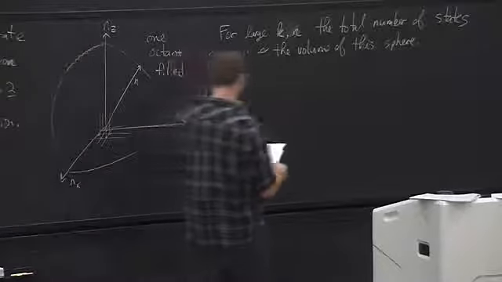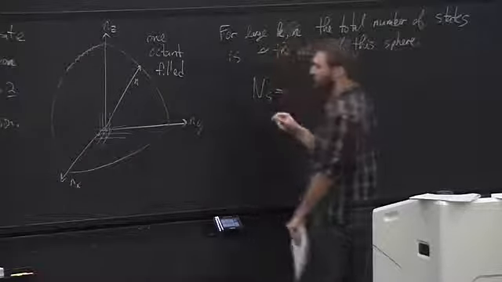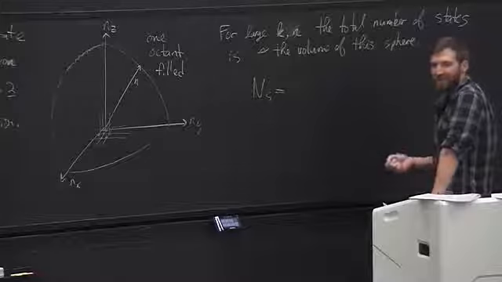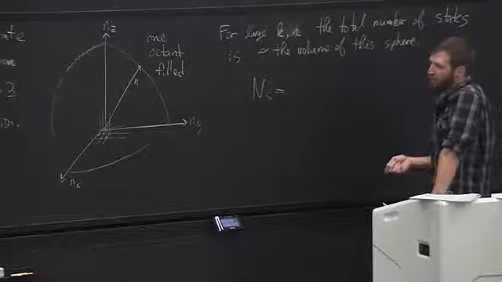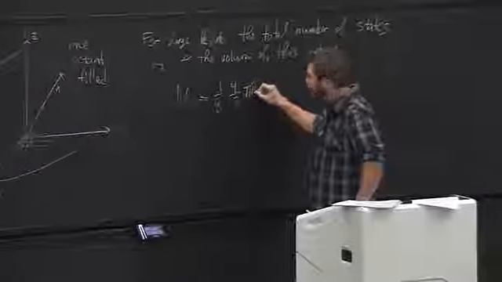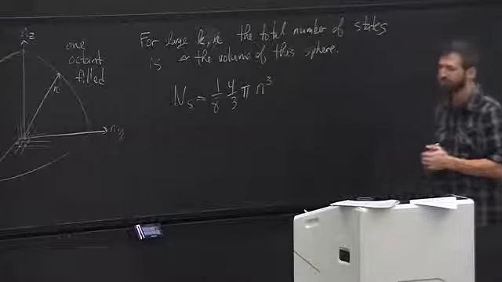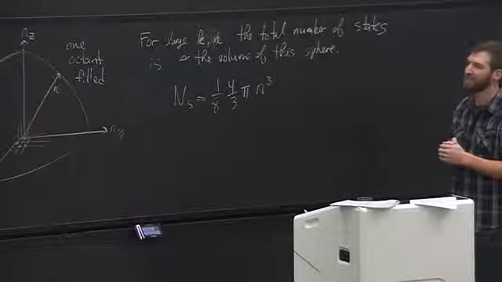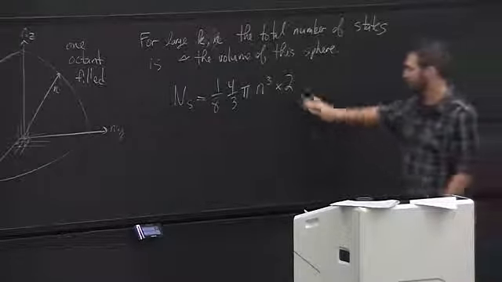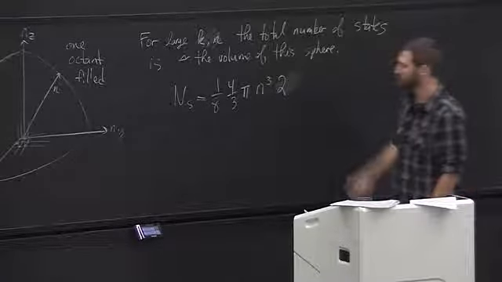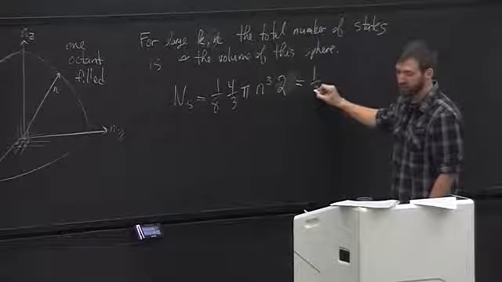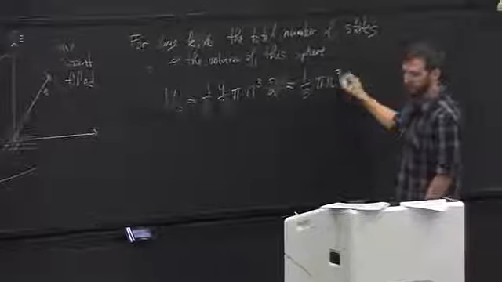And the total number of states is just the volume of that sphere. So it's 4/3 pi r cubed, where r is my n, but it's only 1/8. So it's 1/8 of 4/3 pi n cubed. Oh, and what did I miss? The degeneracy of 2 for the spin states. That's just times 2. So that's 1/3 pi n cubed.